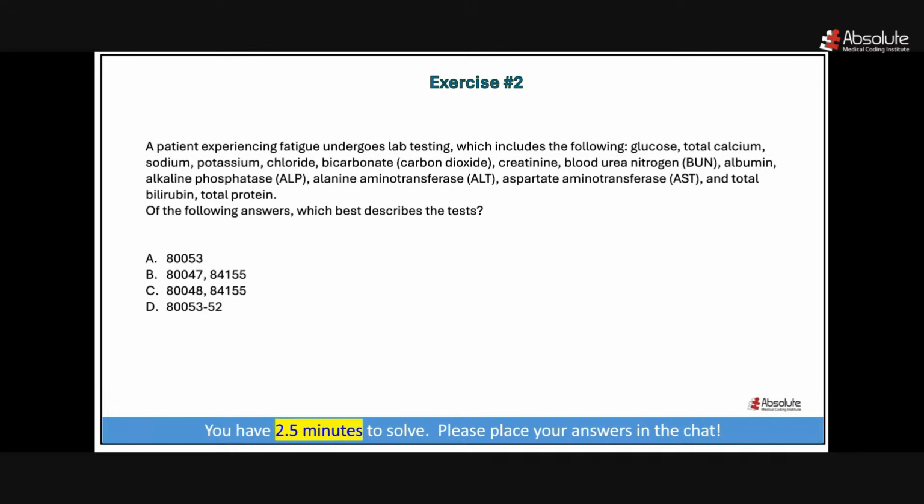A patient experiencing fatigue undergoes lab testing, which includes the following tests: glucose, total calcium, sodium, potassium, chloride, bicarbonate, creatinine, blood urea nitrogen, albumin, alkaline phosphatase, alanine aminotransferase, aspartate aminotransferase, total bilirubin and total protein. Of the following answers, which best describes the laboratory service performed?